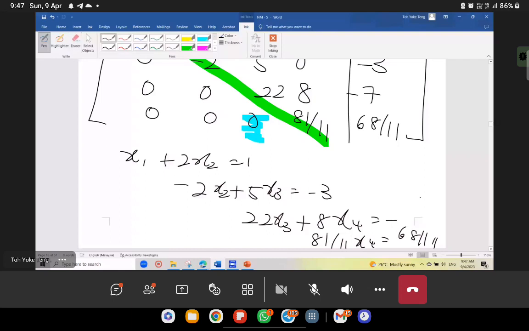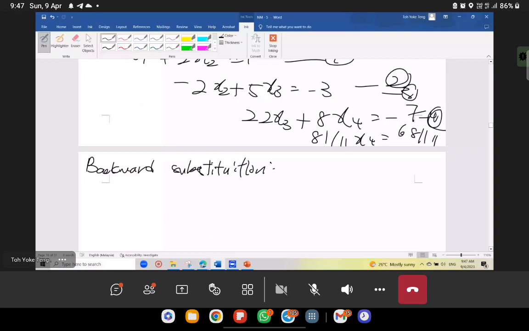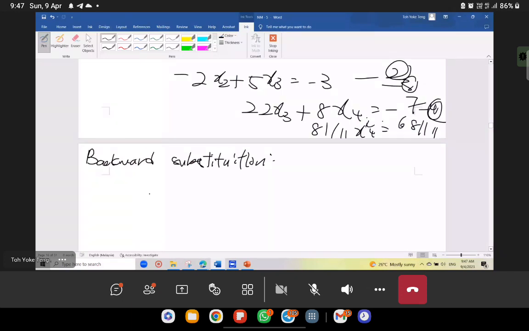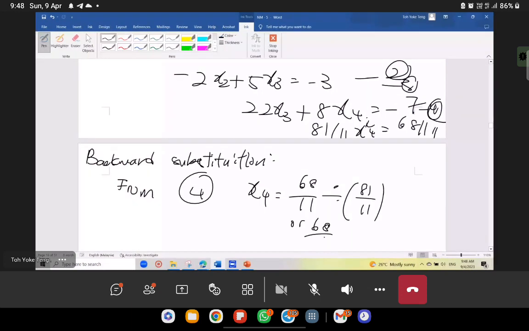And then once you get this one, we apply the backward substitution. During the exam, if you don't know whether this one is backward or forward, it also doesn't matter, just proceed with the calculation. So from the last equation, since here there is only one variable, after rearranging it, 68 over 11 divided by 81 over 11, or you just use the calculator formula as 11 over 81.